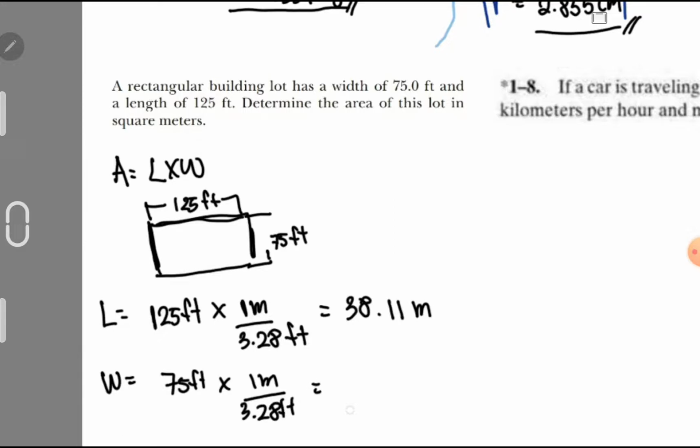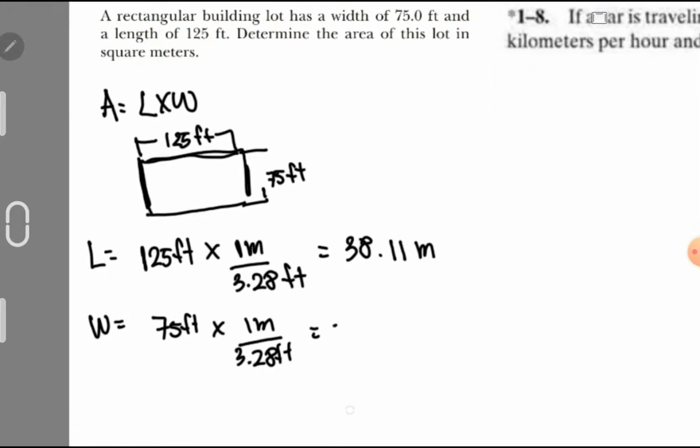So we have 75 times 1 all over 3.28, which is 22.866 meters.